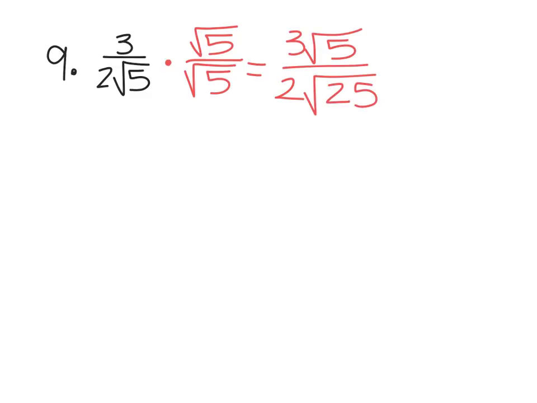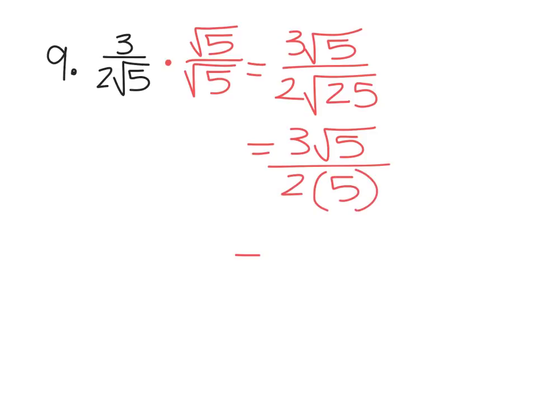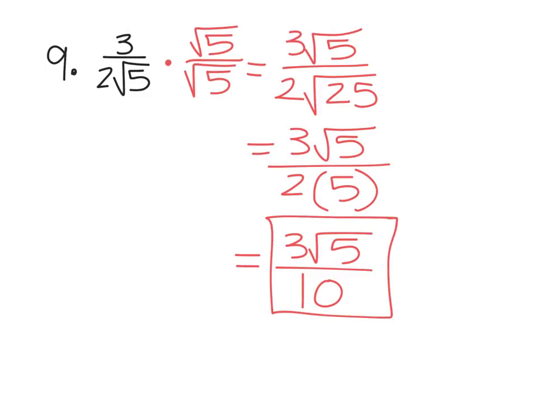Then we want to simplify this. We would leave the top as it is, and then we can simplify the square root of 25 to be 5. Then we can multiply the denominator together, 2 and 5, so we end up with 3 rad 5 over 10. And that would be your final answer.